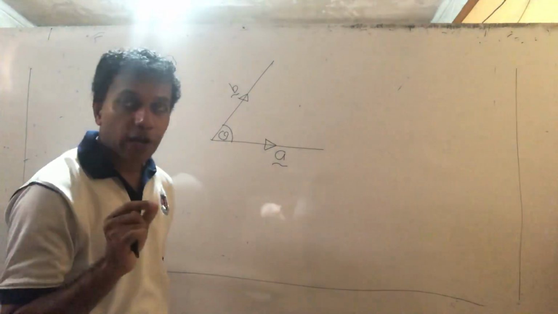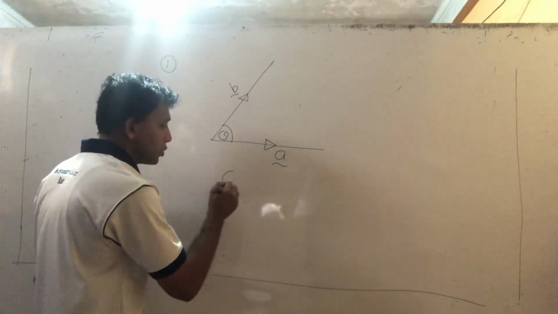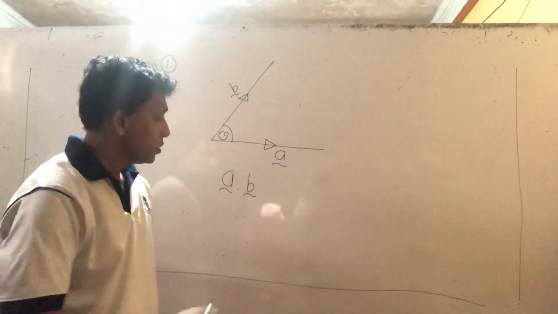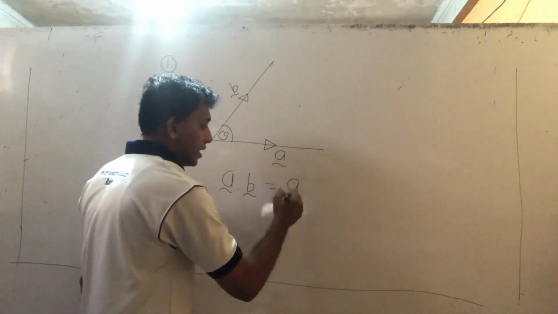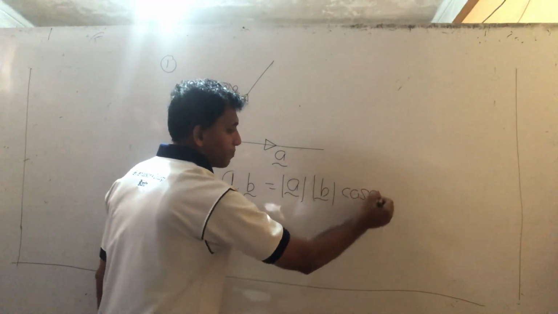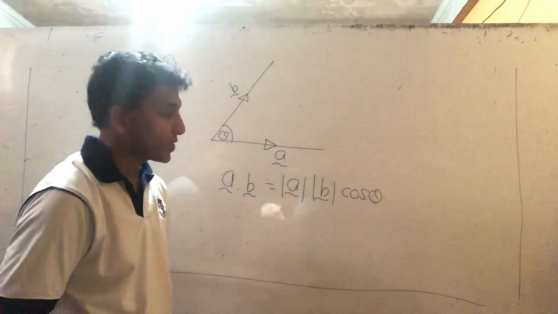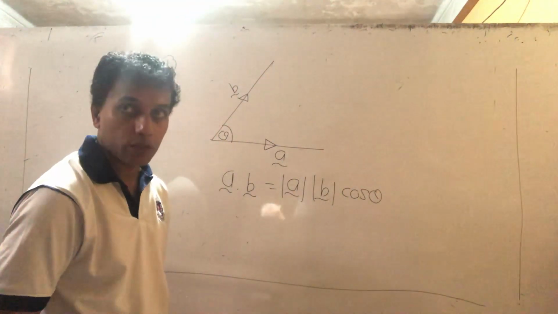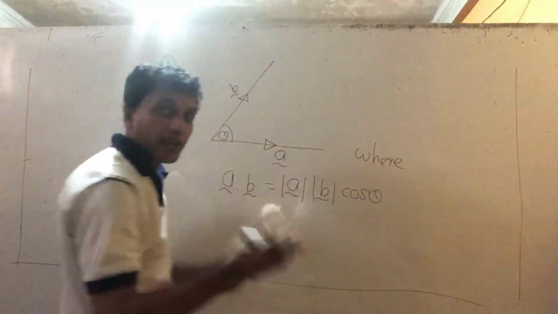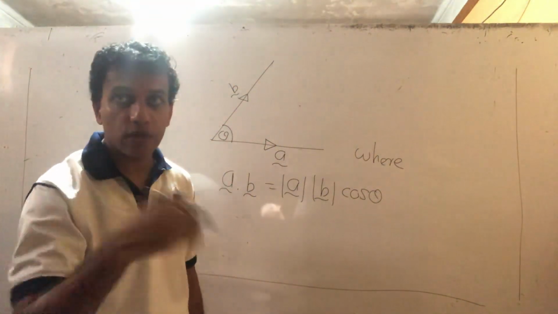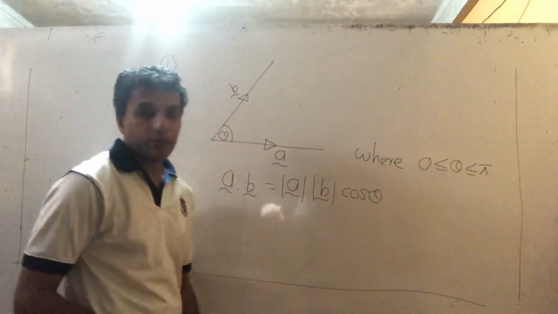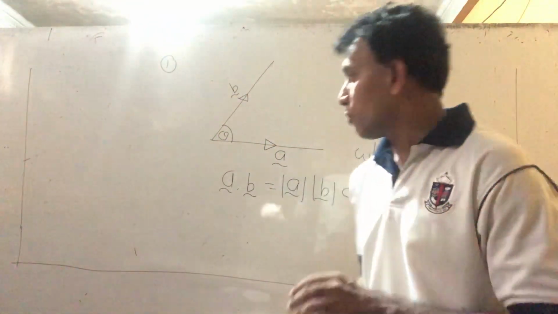Therefore the scalar product of the two vectors is shown as A dot B, which is equal to the modulus of A times the modulus of B times cos theta. This is the definition of the scalar product, or dot product. Also you have to mention the range of theta, from 0 to pi, 180 degrees: 0 less than or equal to theta less than or equal to pi.